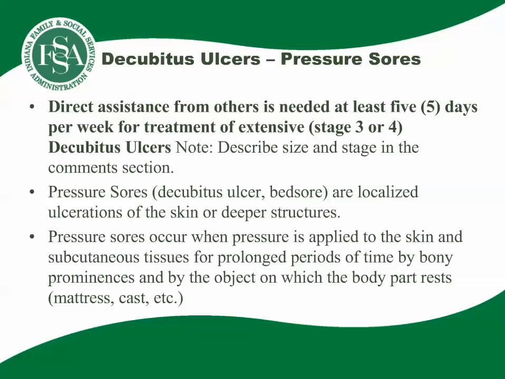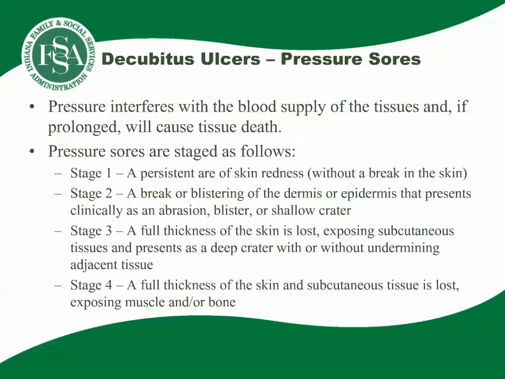Usually when a stage 3 or stage 4 ulcer is involved with an individual, they are often receiving assistance from a home health agency, and the nursing notes from there will provide you with the kind of documentation you need to justify the size and the stage of the ulcer as a requirement for this need. You can see here in the PowerPoint a description of the various stages.